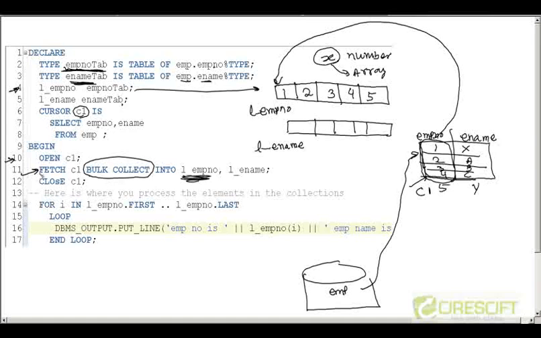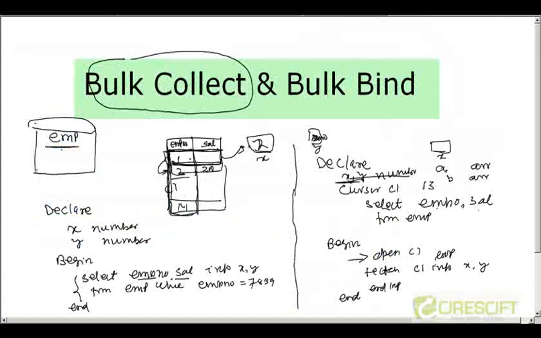We just fetch the entire thing into this variable, which, instead of a single variable, is an array. In the simple cursor, we declared X and Y as numbers, so at a time they can contain only 1 or 2 or 3 or 4.